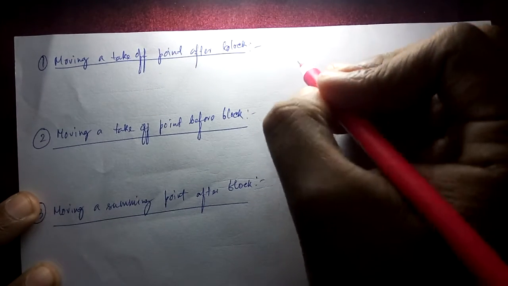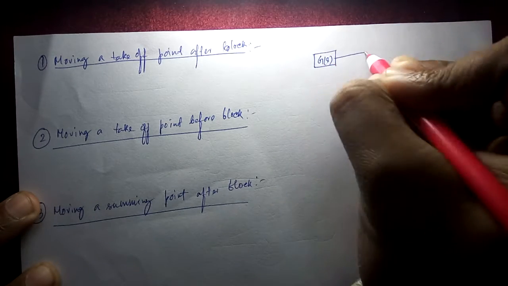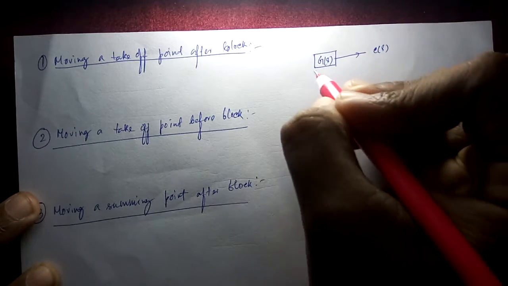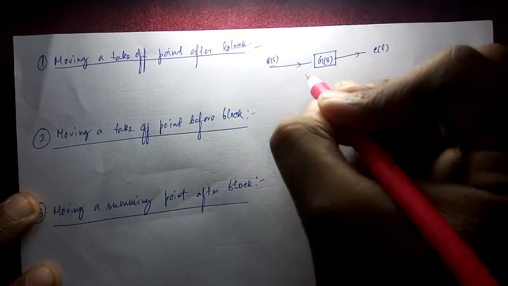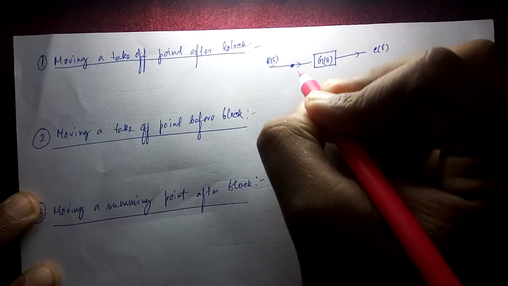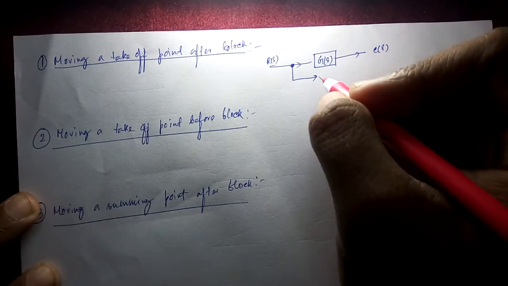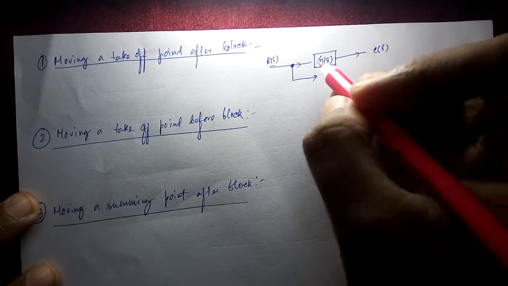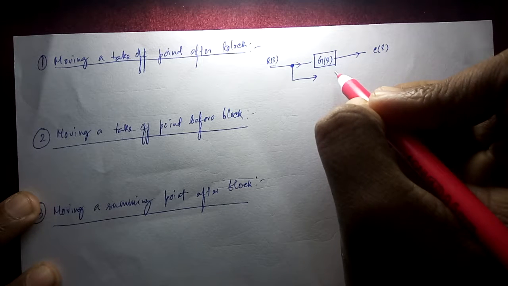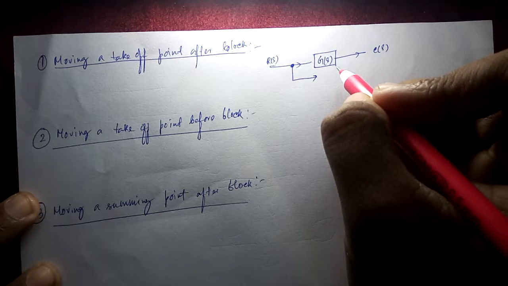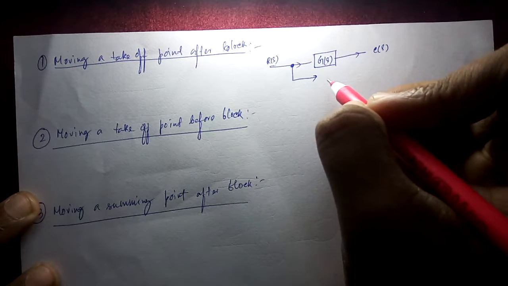Let's take a block whose transfer function is G(s), the output is C(s) and the input is R(s). Here is a takeoff point which is taking the value of R(s) in this path. If we transfer this takeoff point for the sake of simplicity of the block diagram, meaning if we go for reduction, then what will we do?